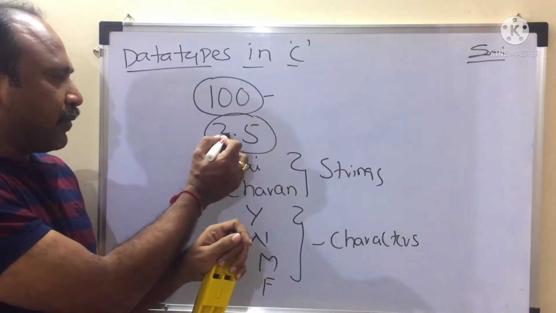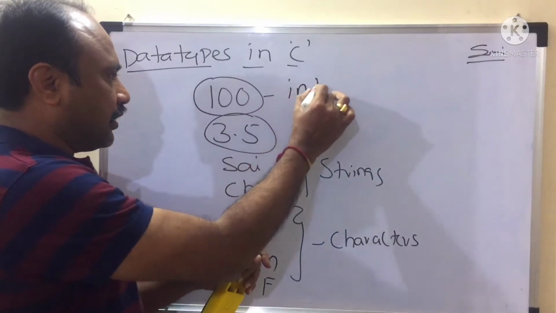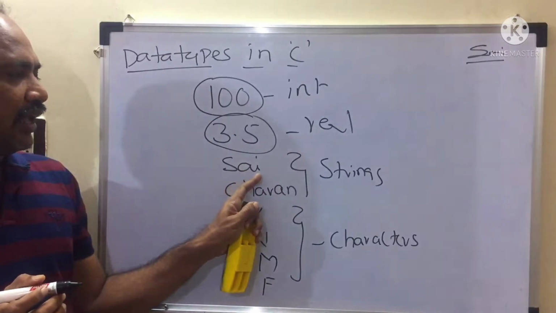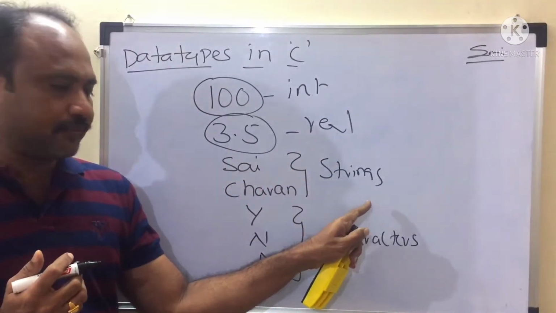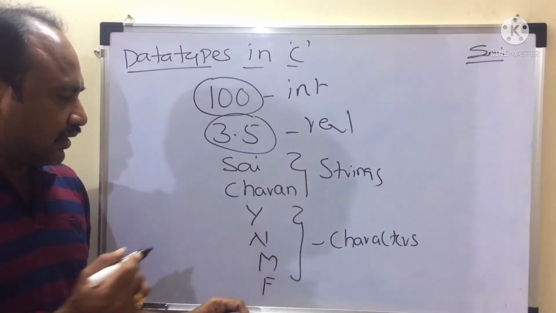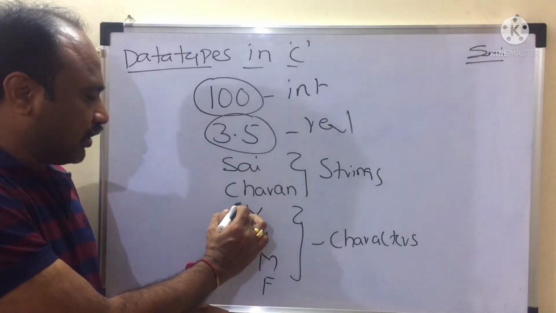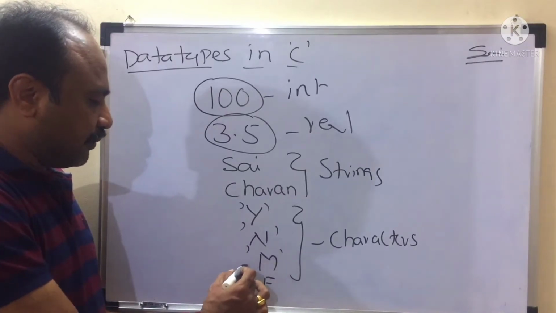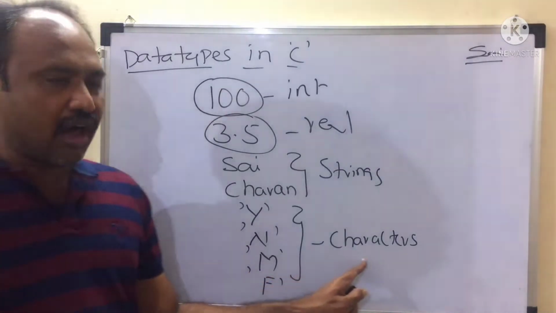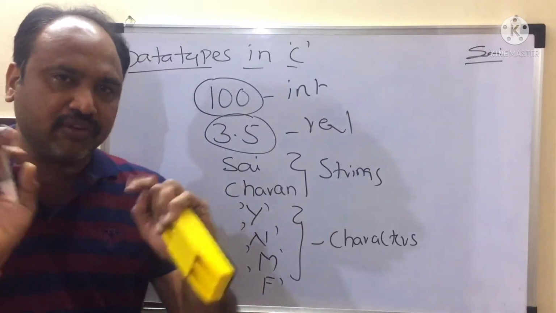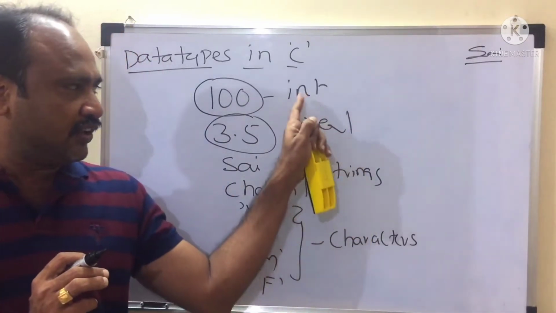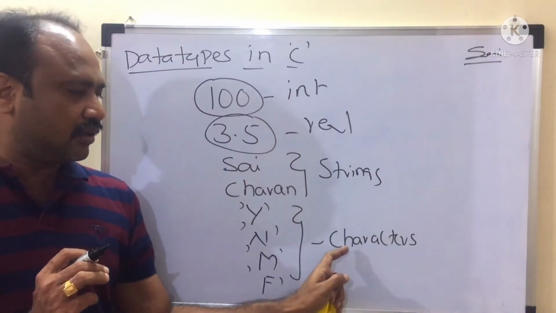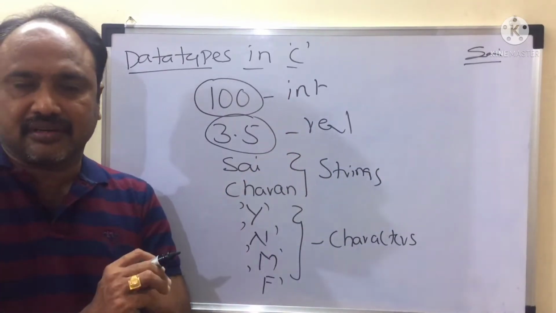A value with decimal points is referred to as a real value or decimal value. Names are referred to as strings. Single characters, like the answers to "Are you sure you want to continue? Yes, no" or "Enter gender: male, female". These are alphabets. By seeing data, we can tell whether it is an integer or not, real or not, string or not, alphabet, that means character, or not.